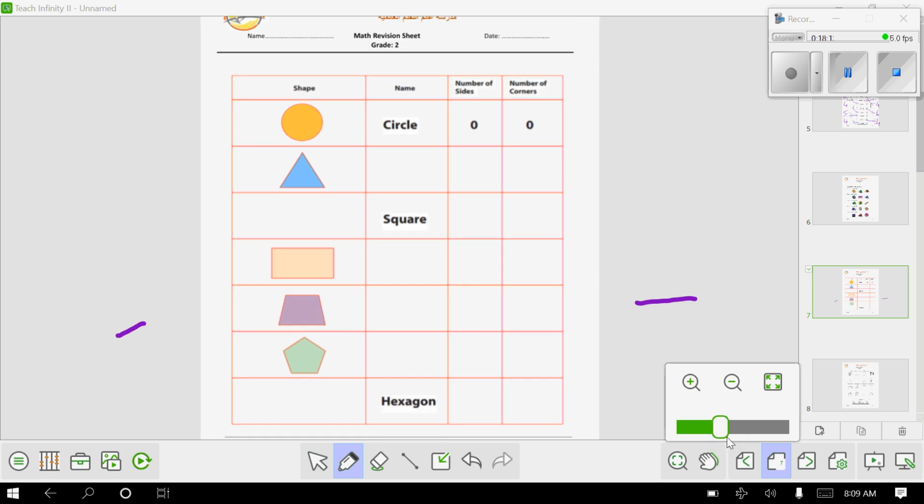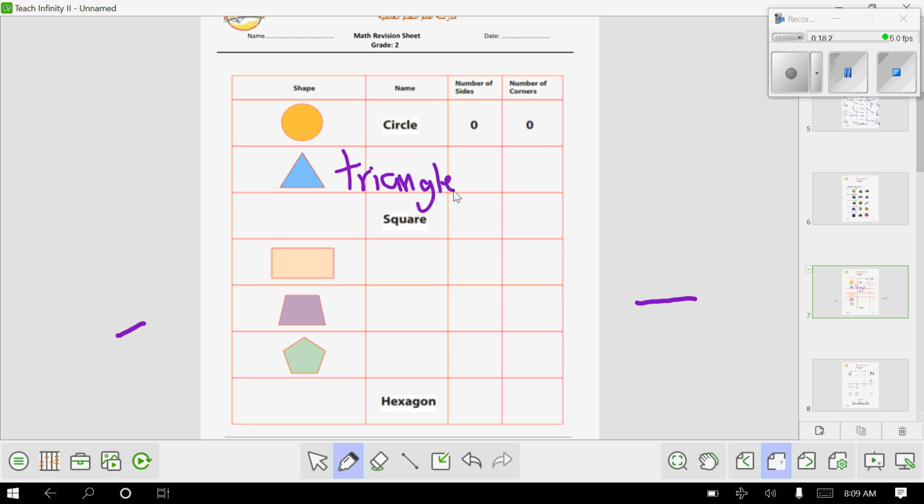So the first shape, as you remember, very nice, is a triangle. Let's write triangle together. Triangle. How many sides? 3. How many corners? 3.